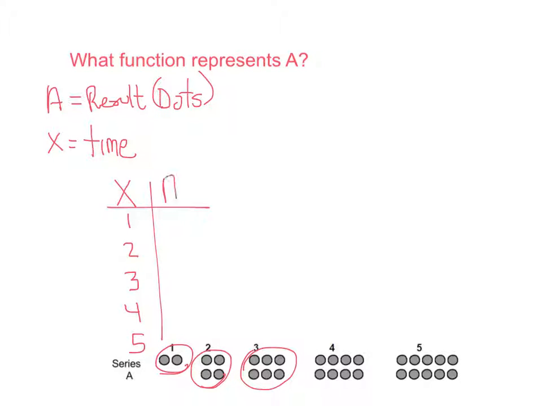And we'll have the function A of x, or our result, on the right-hand side. These results are simply the number of dots. In this case, 2, 4, 6, 8, and 10. So the main question we have to start asking ourselves is, how do we get from our number on the left, 1, to the number on the right, 2?